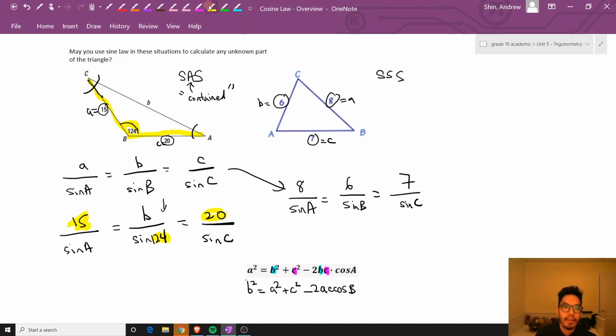And again, the first and the last correspond, similar to what happened here. The first side corresponds to the last angle here. And again, what's in the middle between those two things? It's the other two sides, a squared and c squared.